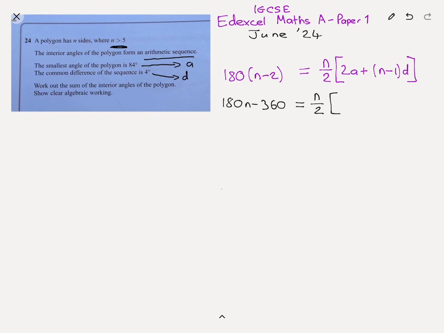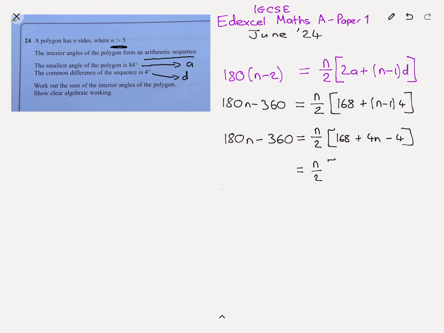So 2a, that's 2 times 84, that is 168. And then with this one here, we're going to have (n minus 1) multiplied by 4. On the next line, we're just going to expand that out a little bit, so we'll get 168 plus 4n minus 4. And that 180n minus 360, we'll leave that there for now. And then we'll do some tidying up on the right here because we've got some normal values: 164 plus 4n.